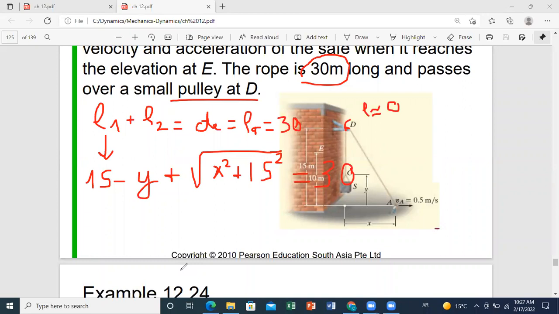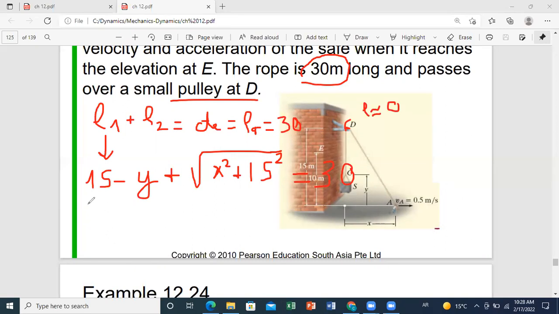But do you think I can modify this form to have an easier derivative? Instead of deriving a radical, I can transform this equation to another one that is easier to derive. What can I do? Always try to avoid radicals and to avoid fractions in your derivative.